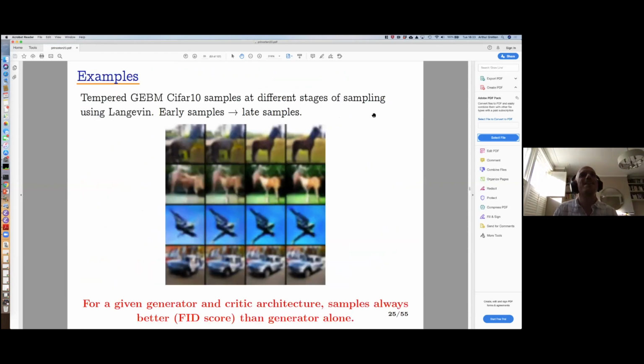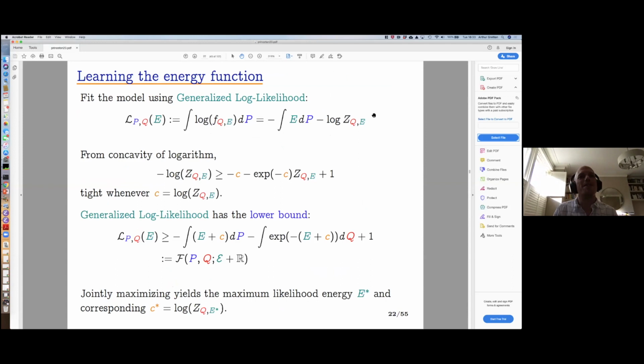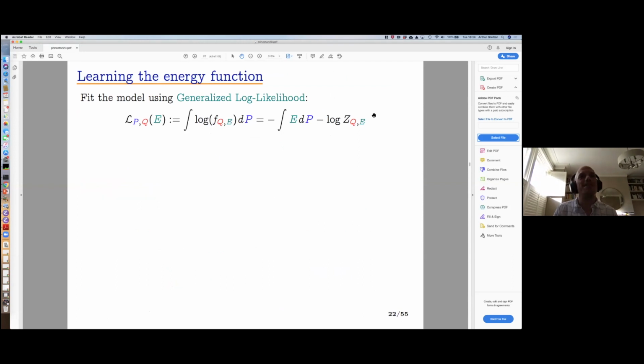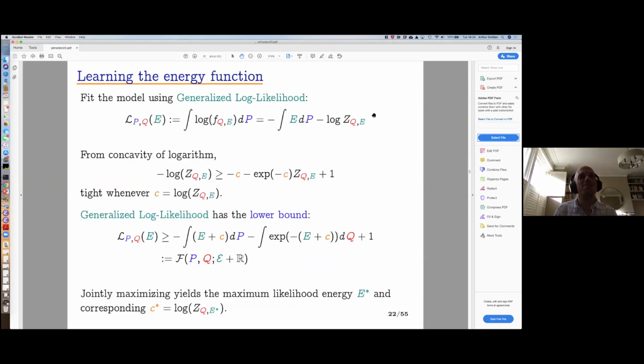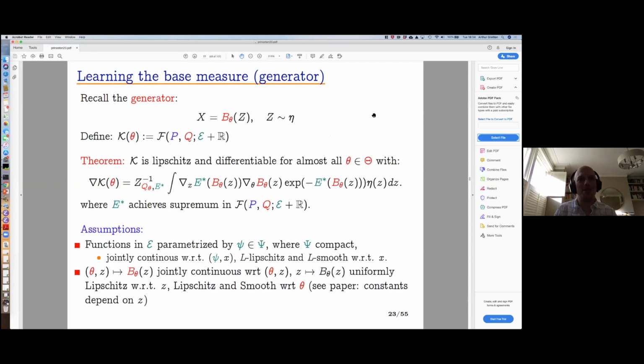Let me go back. When we say we need the network to be smooth, this is needed when we want to compute the derivative of our generalized likelihood with respect to the parameters of the generator network. For this, obviously, my energy function has to be smooth in some sense.